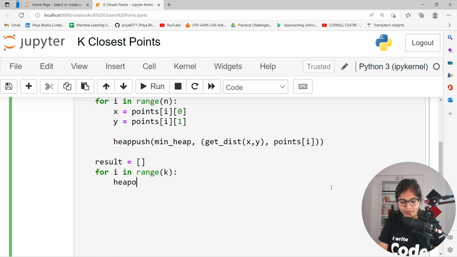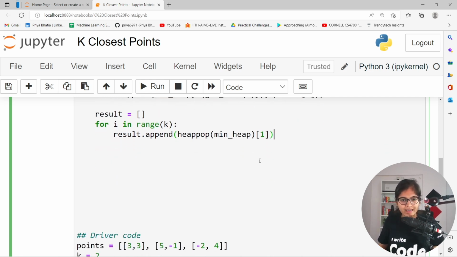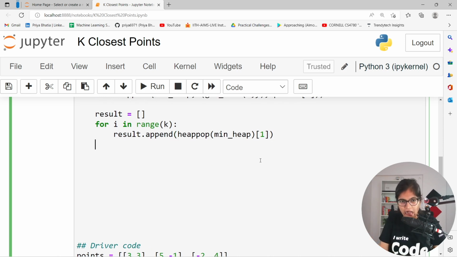Inside that, we can call the function heap pop on the min heap. At the first index I want to display only the points of I, and I will append this inside the list using the append function. Simple. Finally, once I am out of the for loop, I can simply return the result.